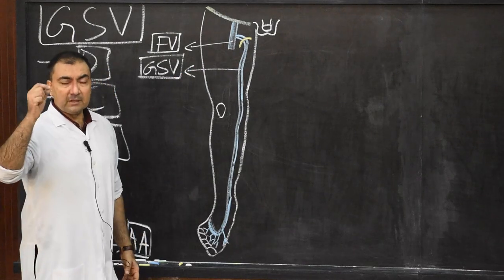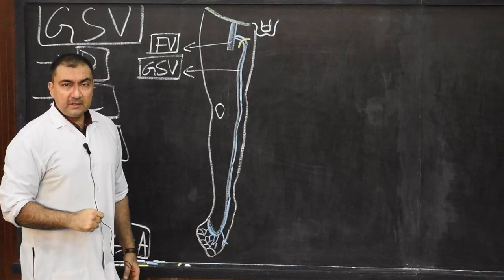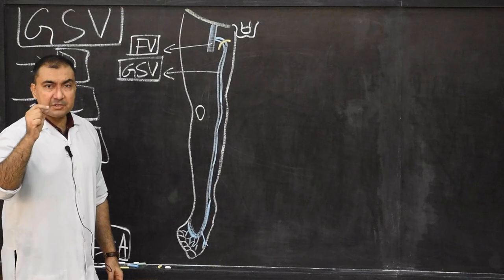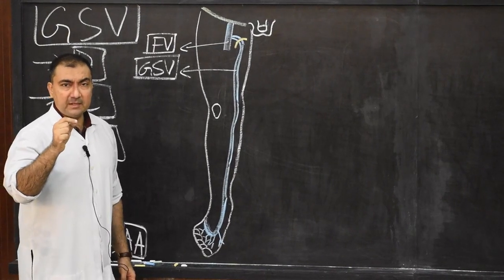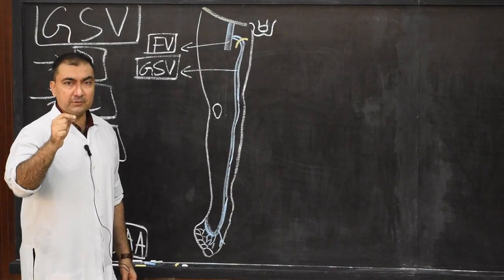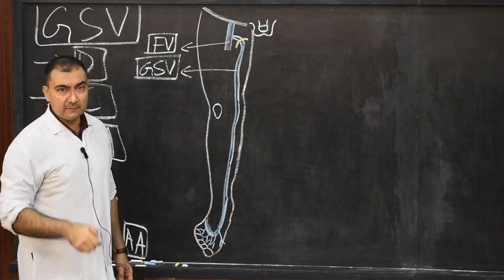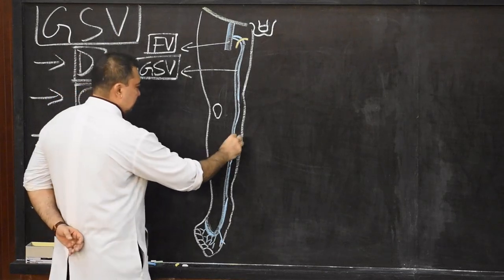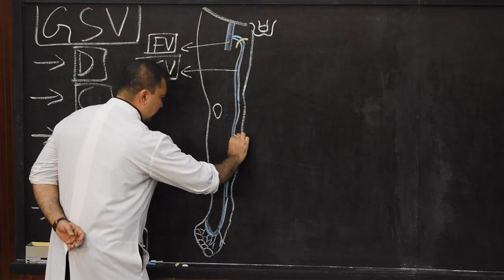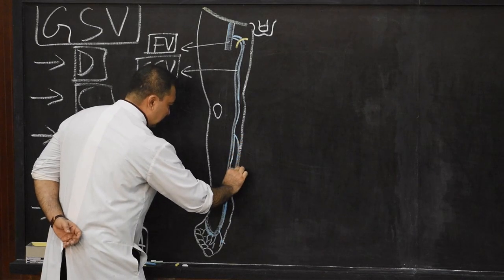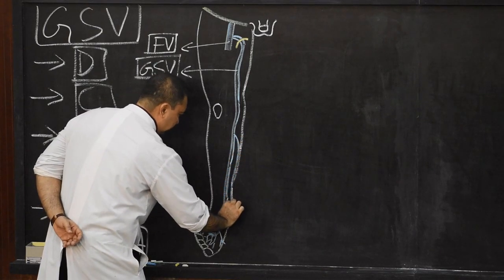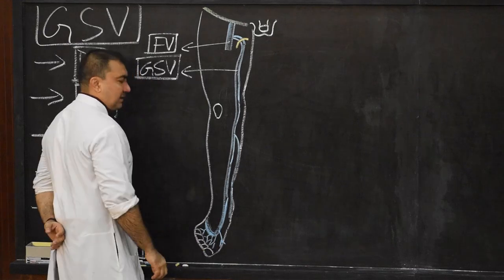So the first tributary will be the posterior arch vein. This posterior arch vein will drain the blood from the posterior medial side of the calf and leg. So here I draw the posterior arch vein. This is how we draw the posterior arch vein.